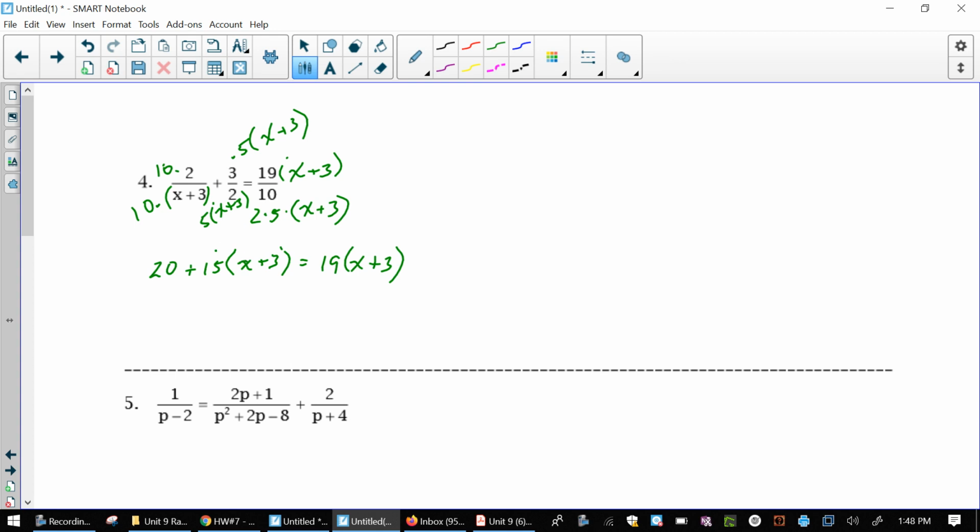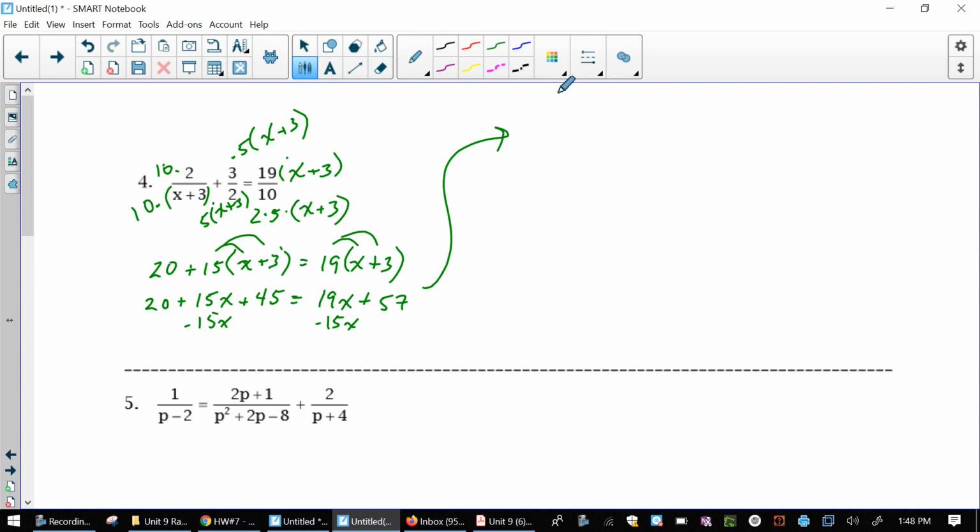All right, so I'm going to distribute 15, distribute 19. 20 plus 15x plus 45 equals 19x plus 19 times 3 is 57. Solve for x. All right, so let's move this guy over, minus 15x, minus 15x. I'm going to jump up here.